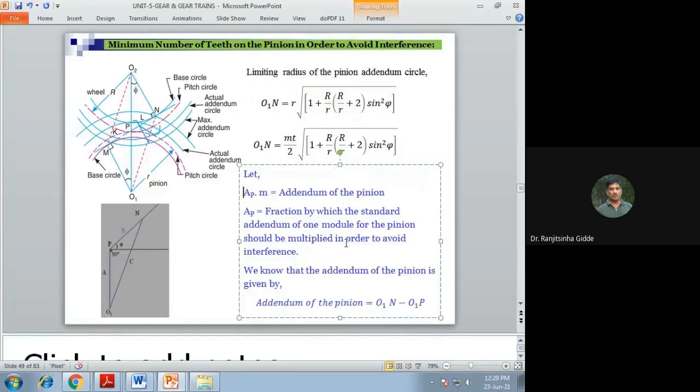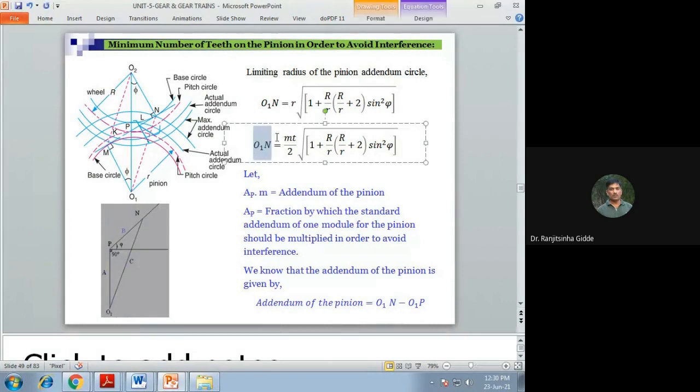Here it is mentioned that the addendum of the pinion is equal to O1N, the maximum addendum circle radius, minus this O1P. So this part we are going to call the addendum. Now we got the value of O1N, and minus the pitch circle radius.